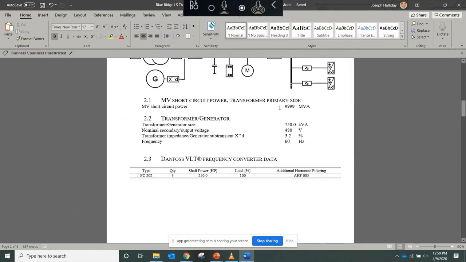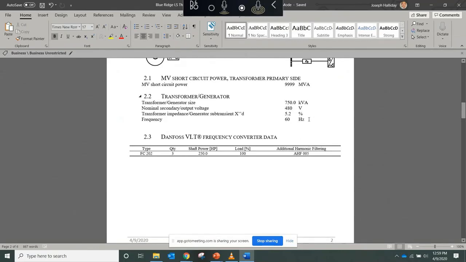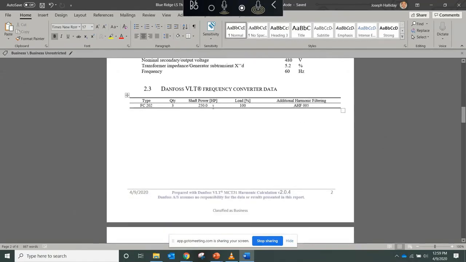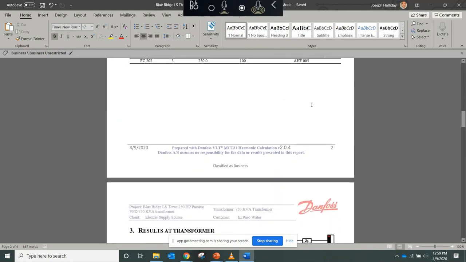He actually also asked me to do the short circuit power. He said 99.99 is a little unrealistic. And I said, it's unrealistic, but it assumes the absolute worst case scenario. So we changed the impedance. The short circuit power came down to 167. And you can see here we've got 3 250 horsepower drives at 100% speed with a 5% harmonic filter.